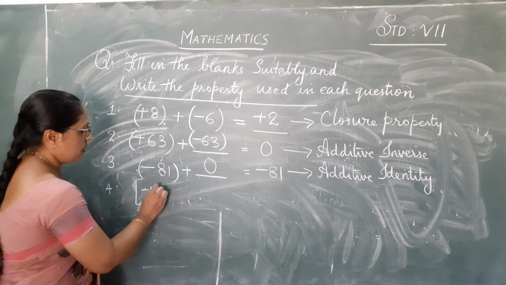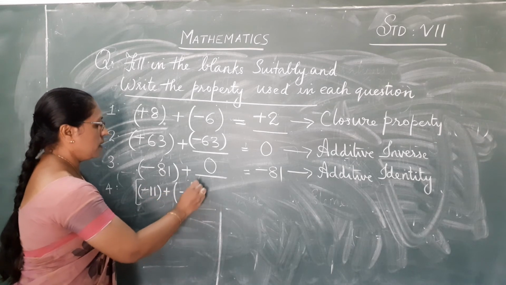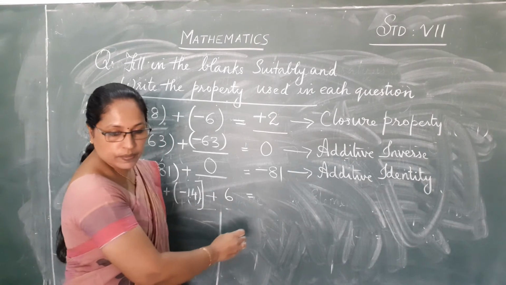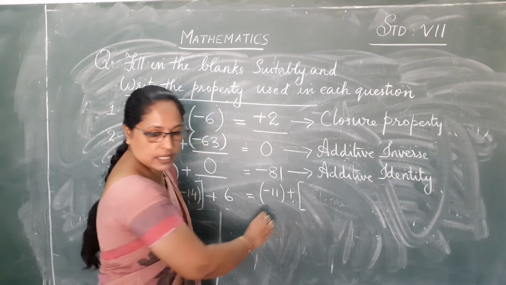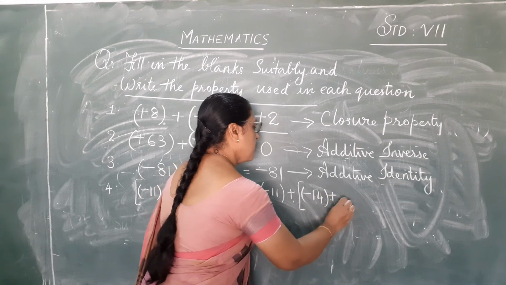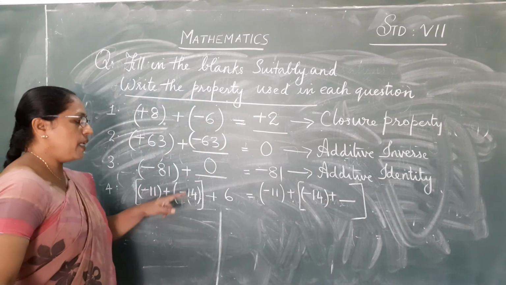Okay? Now, next one, fourth one. Negative 11 plus negative 14 plus 6 equal to negative 11 plus bracket negative 14 plus dash. Look at how many integers.